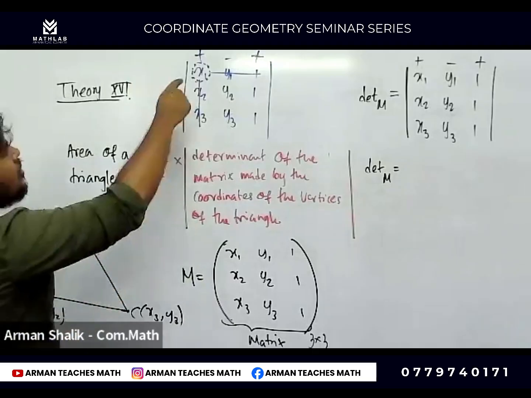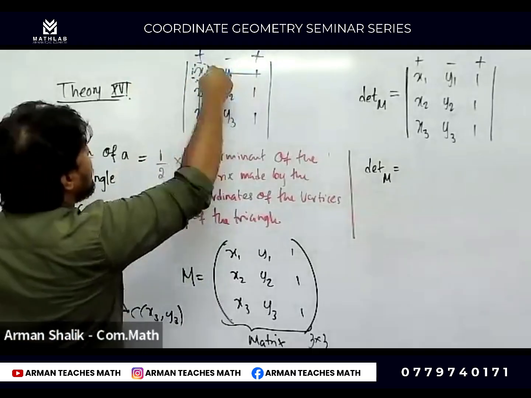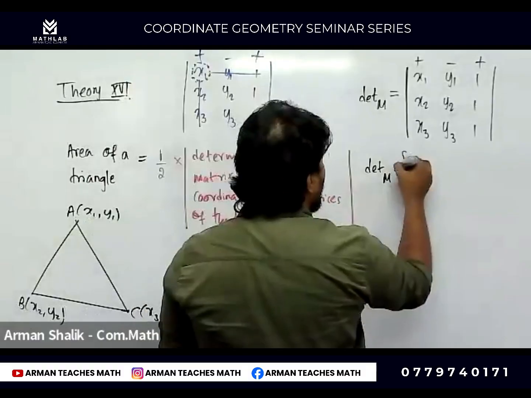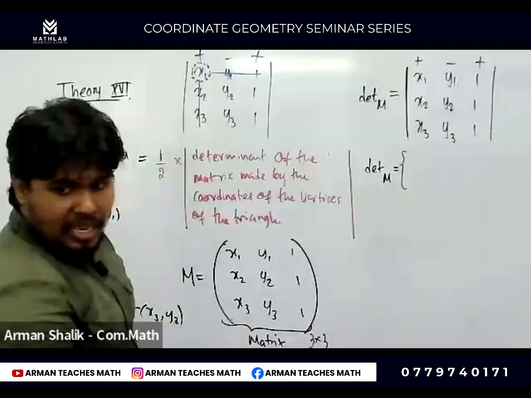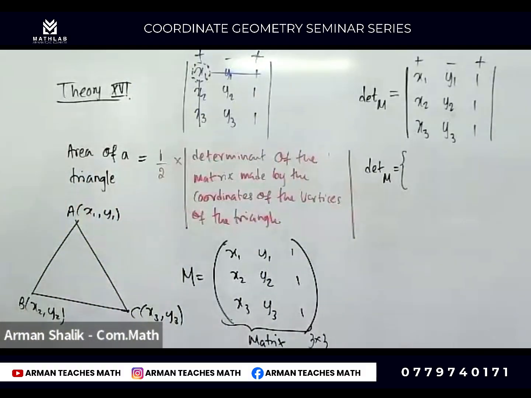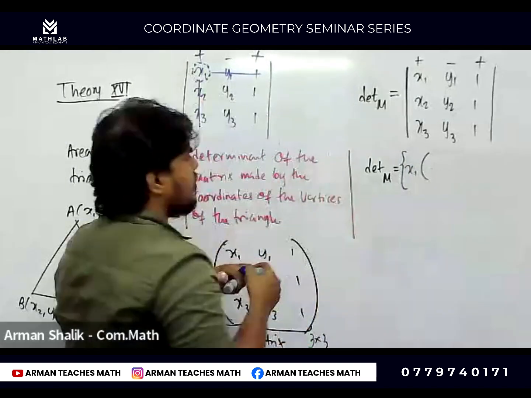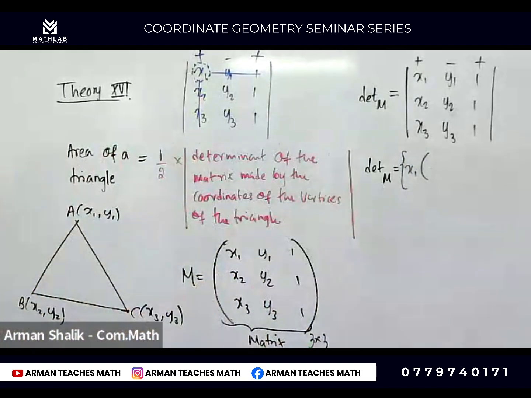Then we go inside a curly bracket and make a calculation. In the curly bracket, x1 we selected, then x1 times, open a bracket.